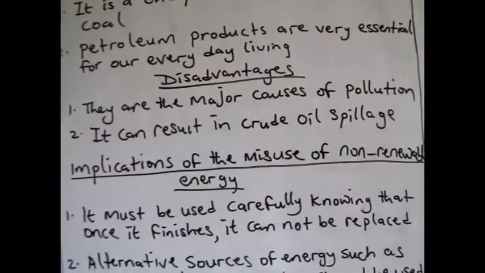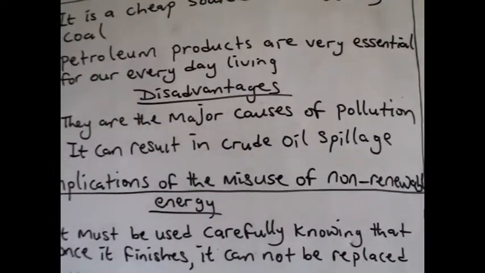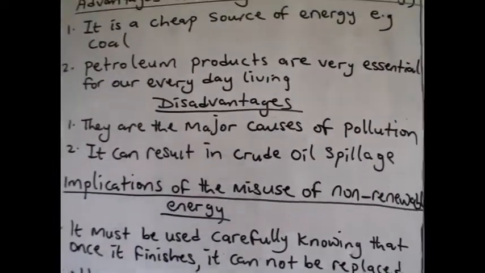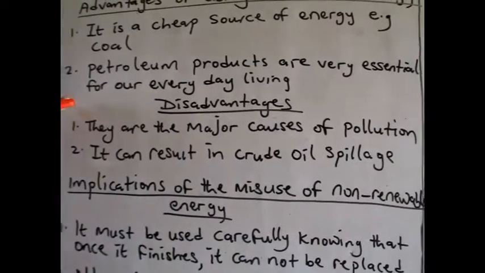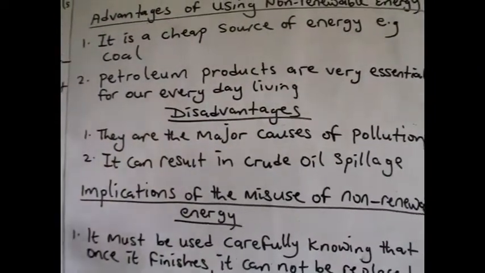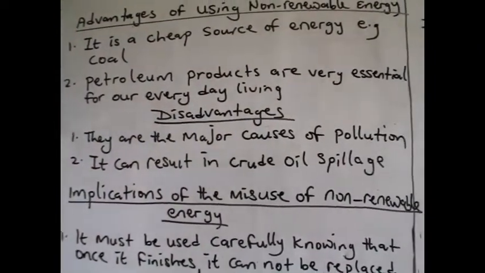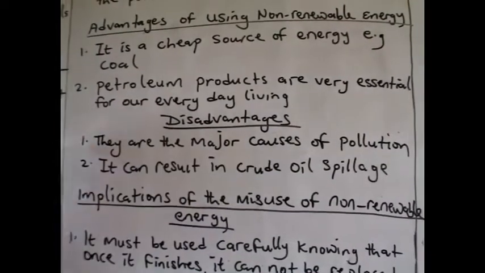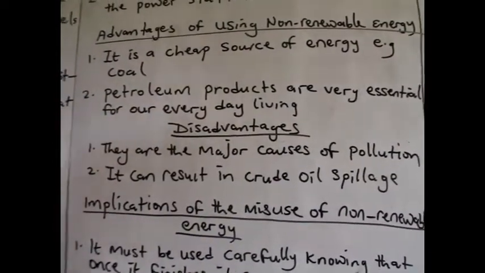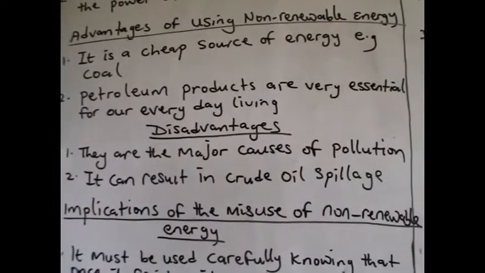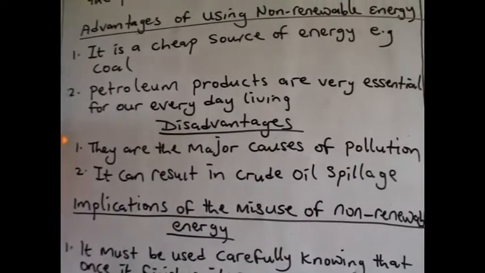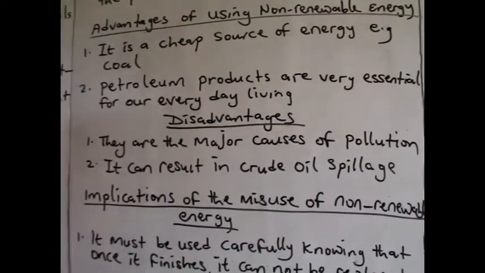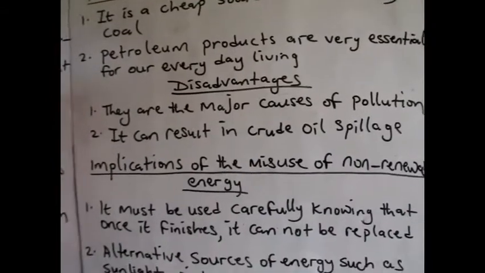Now let's look at the disadvantages. They are the major causes of pollution. If you go to the area of Nigeria known as the South-South or the Niger Delta area, you see that there are some communities that cannot go fishing again. They cannot go farming because the entire environment is polluted.